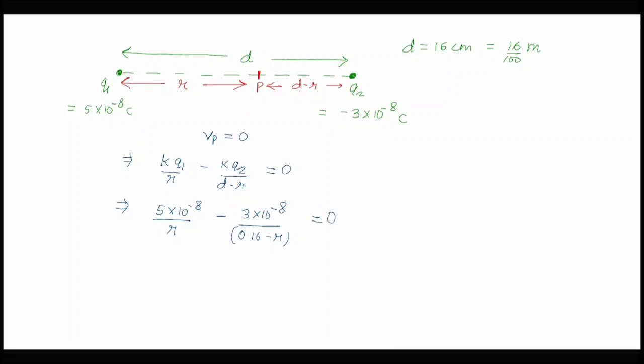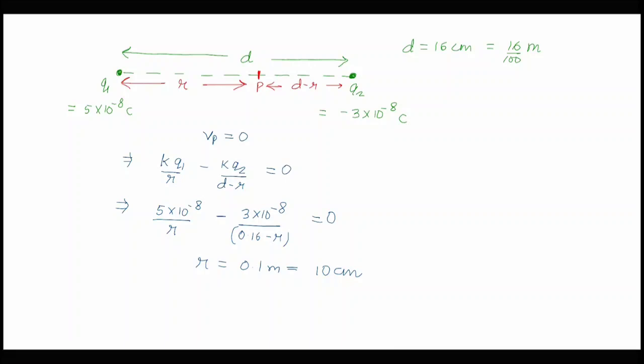Now on solving from here, we obtain the value of r equal to 0.1 meter, which is equal to 10 centimeter. So therefore the potential is 0 at a distance of 10 centimeter from the positive charge.